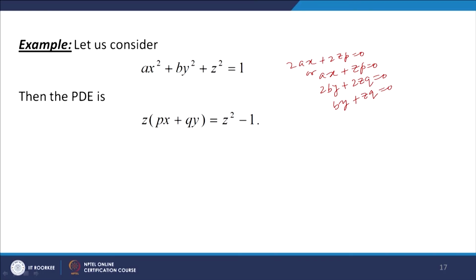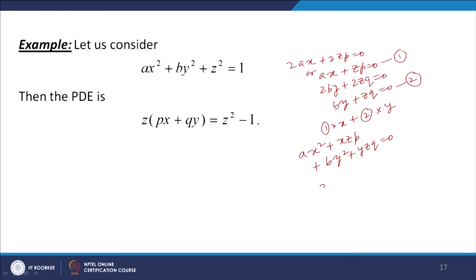So, what we do, we multiply equation 1 by x and 2 by y, and let us add them. What we get, a x square plus x z into p plus b y square plus y z into q equal to 0, or we can say a x square plus b y square is 1 minus z square.